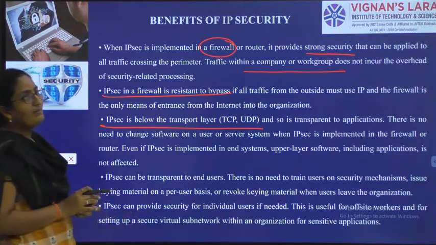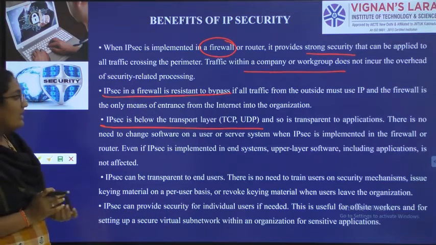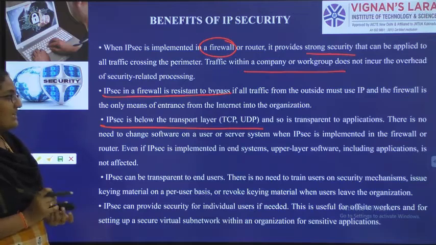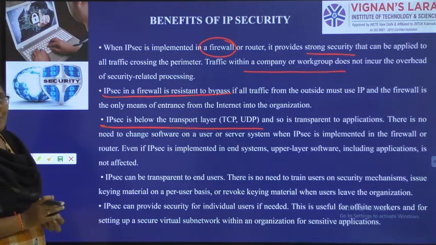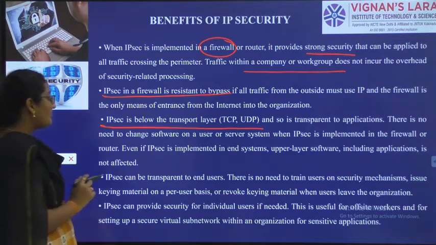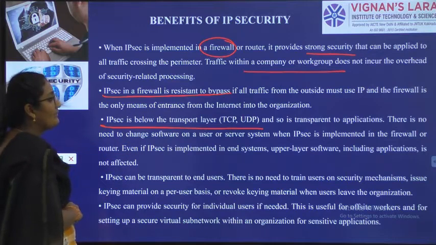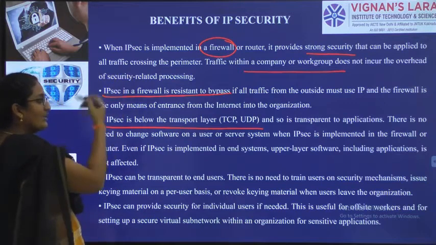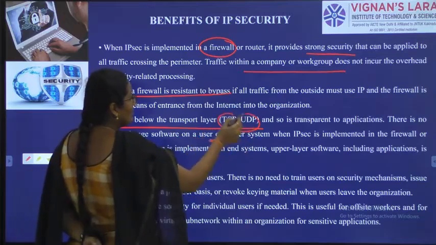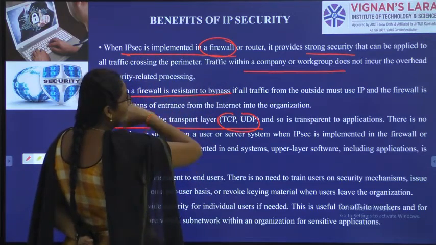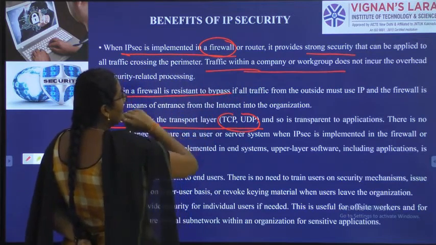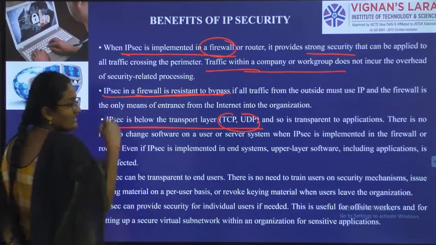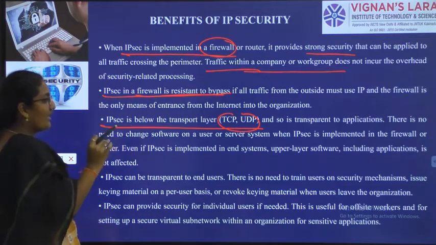What are TCP and UDP? Already known: Transmission Control Protocol and User Datagram Protocol, transport layer protocols. So of the transport layer protocols we have two, TCP and UDP. IP security will be helpful to them also. So it can be implemented in firewalls, it is used to regulate the traffic, and it is resistant to all the dangers that come with firewalls.